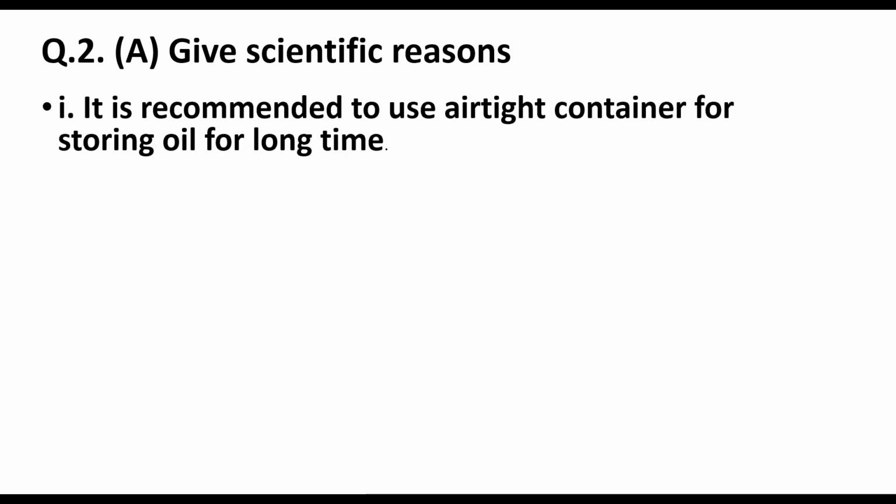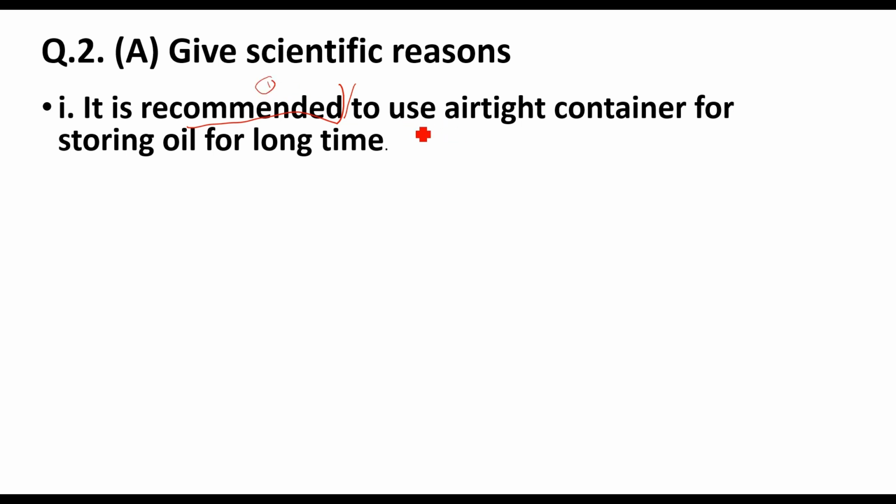Coming to question number 1, the question is: it is recommended to use an airtight container for storing oil for a long time. Now, from my point of view, suppose you want to write the answer of this question, you will divide the question into parts. It is recommended; this is my part number 1.